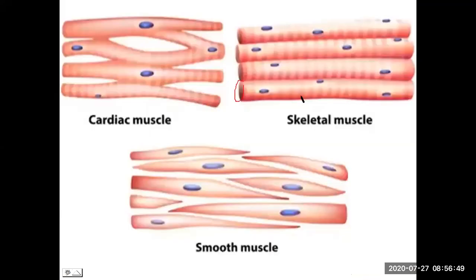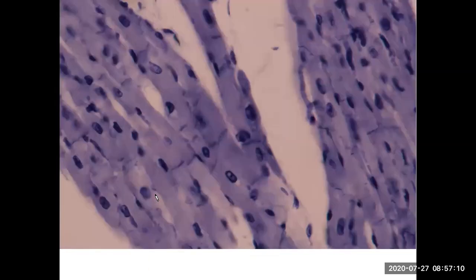So the long cylindrical shape for skeletal muscle. Here we see that branching fiber structure on cardiac muscle. And here's now that spindle, thicker in the center, tapering to the 2 ends for the appearance of smooth muscle. Back to our chart.